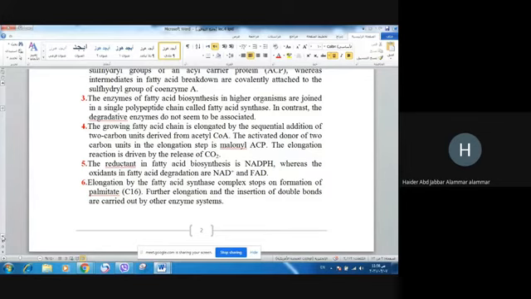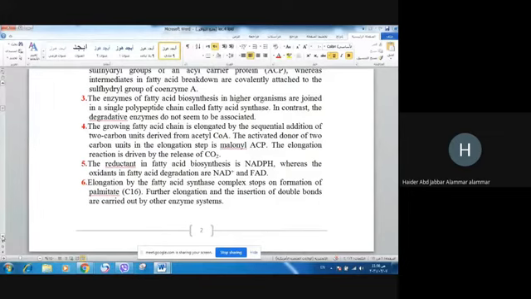But here, in fatty acid synthesis, the activated donor of 2 carbon atoms in the elongation step is called malonyl acyl carrier protein. What is malonyl, and how does it differ from acetyl coenzyme A? Acetyl coenzyme A is a 2 carbon atom compound, while malonyl acyl carrier protein contains 3 carbon atoms.